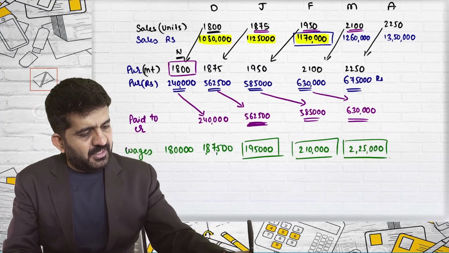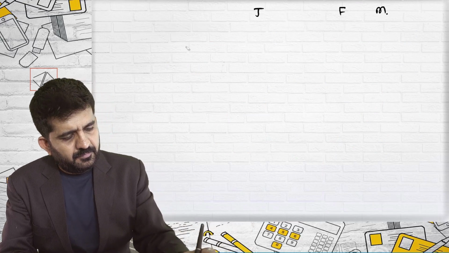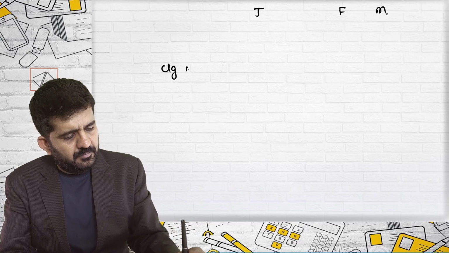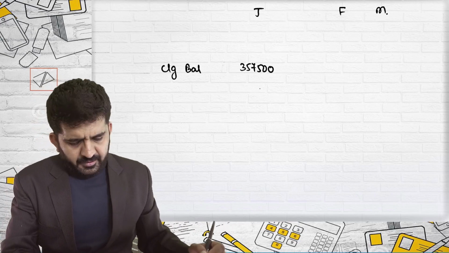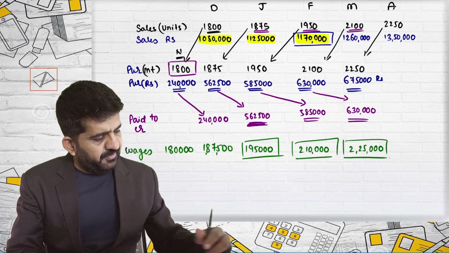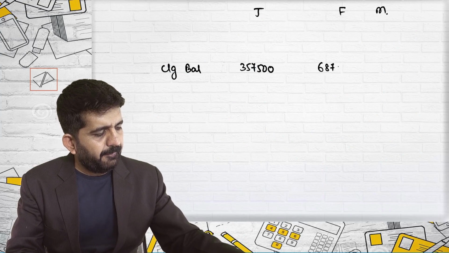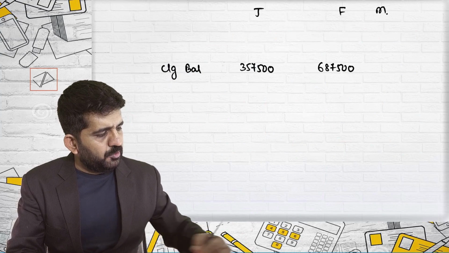The closing balances are 357,500, 687,500, and 9 lakh 2,500.